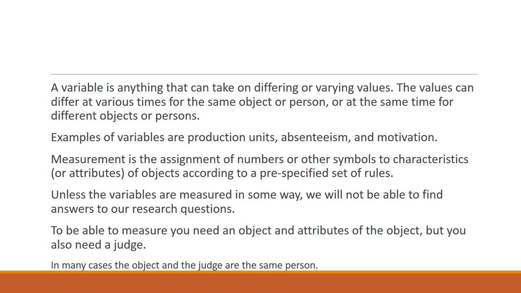Or, at the same time, for different objects or persons. For example, if I take the data from all of you about your age, the age of Komal will be different from the other participants, Hania and others. There are many more students, but I cannot recall their names right now. Nimra is there and others.